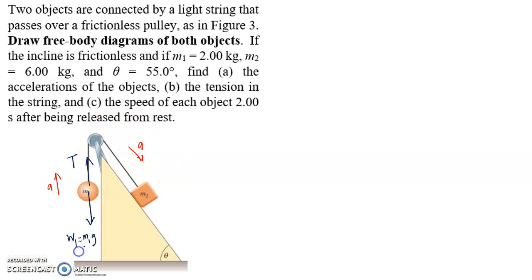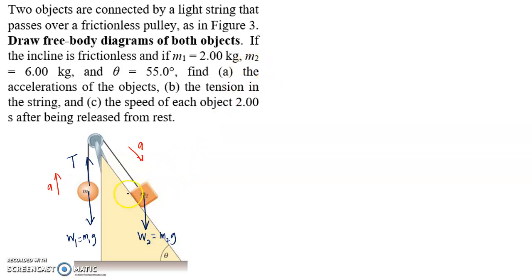Moving on now, let's proceed to drawing the free body diagram of mass 2. First of all, we're going to be drawing the weight, W2, which is equal to m2 multiplied by g.